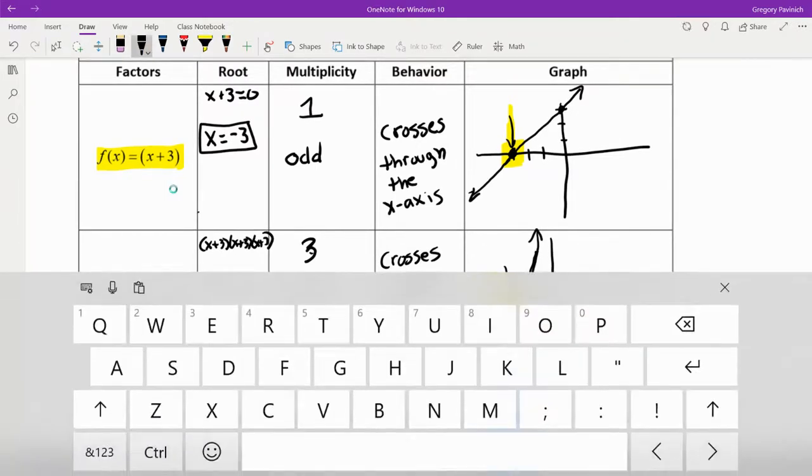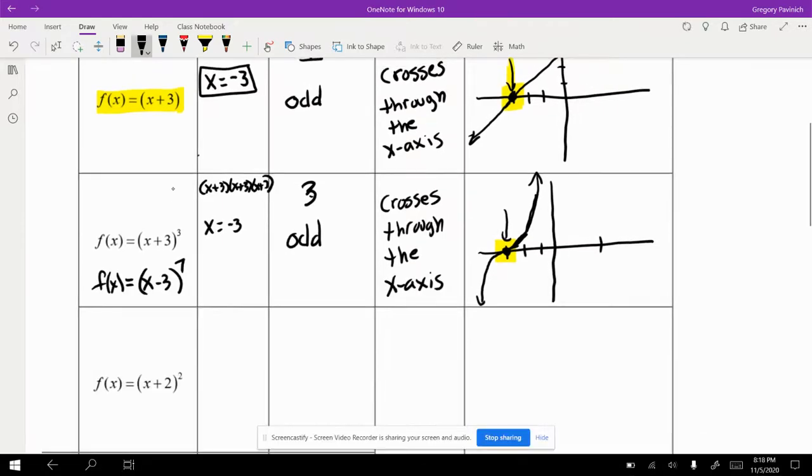Here's +3 for this second example. Then what happens is it's even going to flatten out more, almost looking like a constant function. So that's what happens the larger that odd power. It's still going to cross through, it just flattens out around that x-axis.